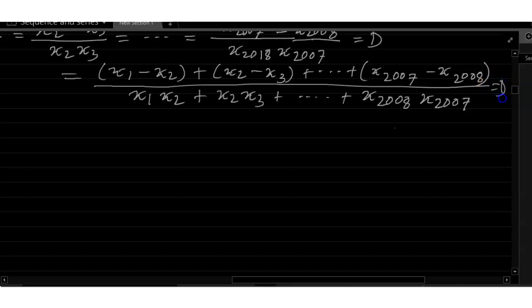So this value equals D. This is called the law of proportion.